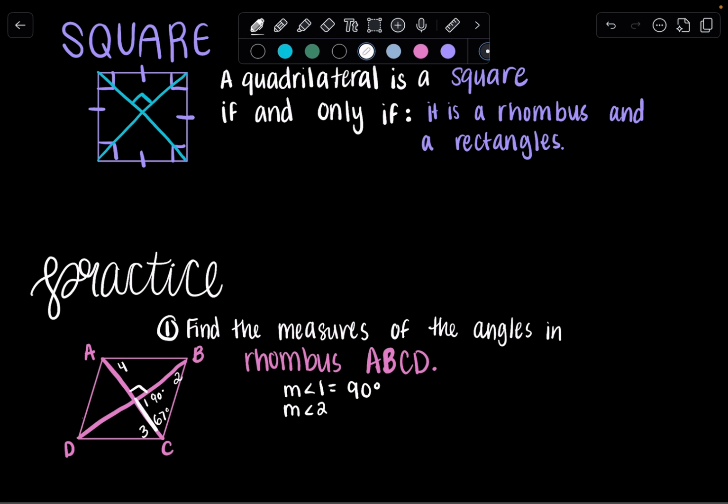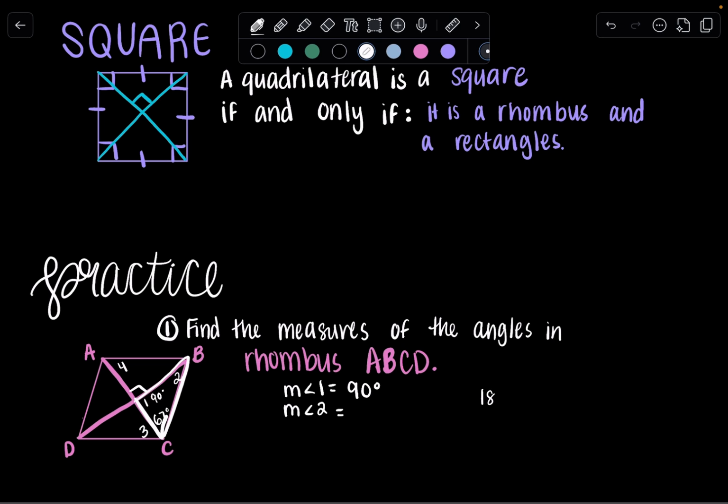I want you to think of this rhombus as broken up into a little triangle right here. We can use this to find other properties, but if you have a triangle that's 67 degrees, 90 degrees, and there's 2 left over, we can use that to find the missing measure.